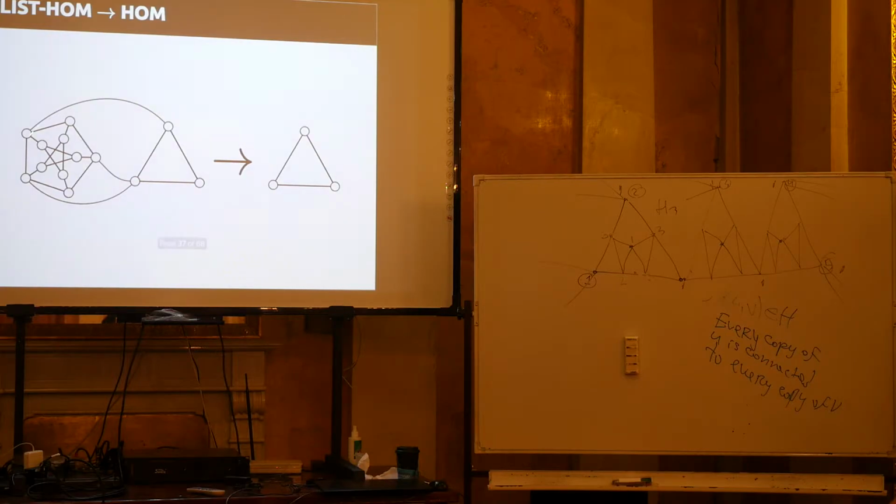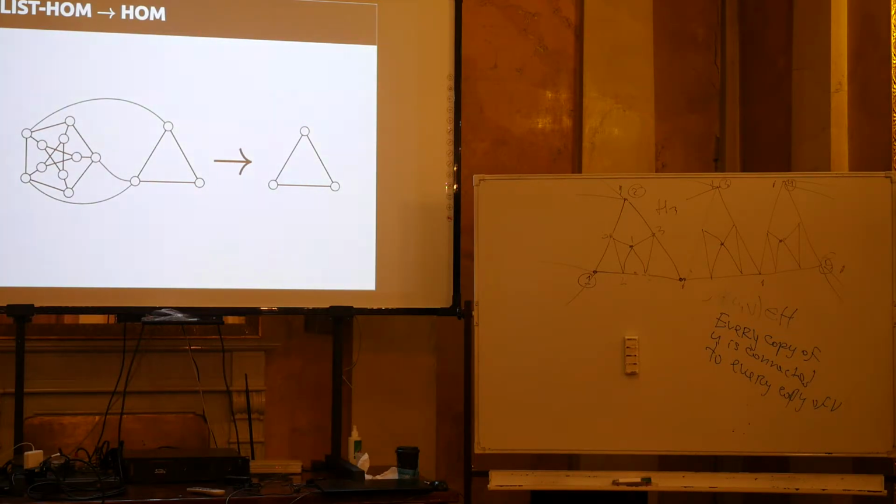I would like to say that this triangle must be mapped to this triangle, and then I would automatically have all the list restrictions, because this vertex would never be mapped to this one, and this vertex would never be mapped to this one.